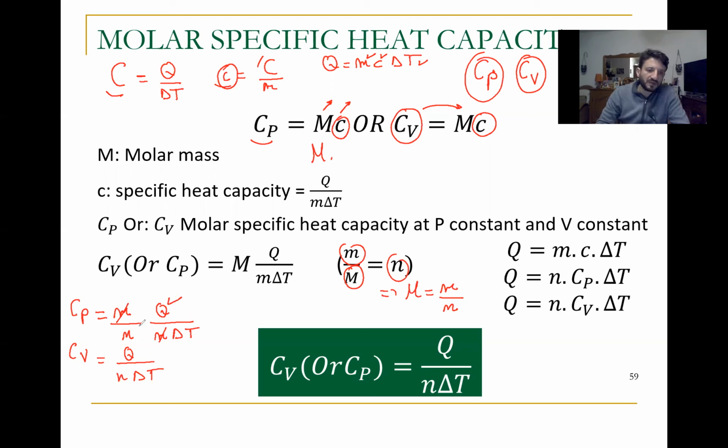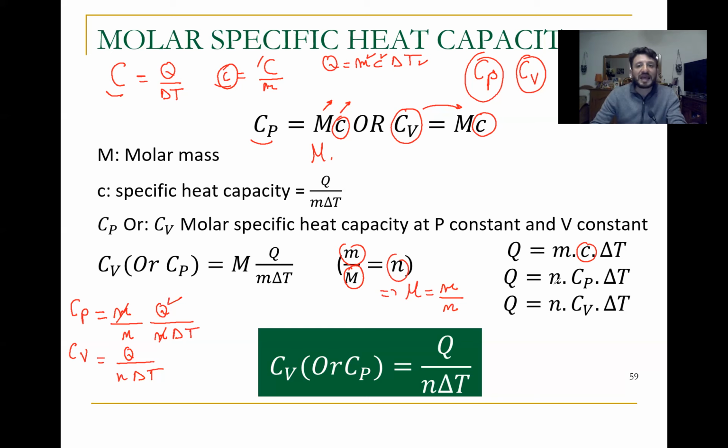So Q equals n Cp delta T in the case of P constant, the isobaric process, and Q equals n Cv delta T in the case of the isochoric process, okay? So finally, you have to know the relation Q equals m c delta T, where c is the specific heat.